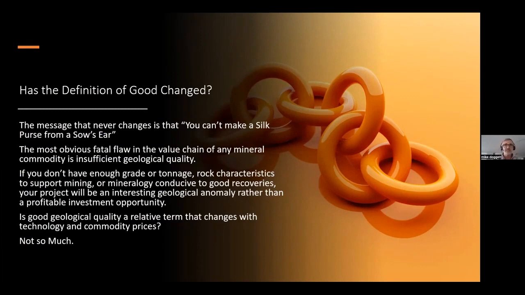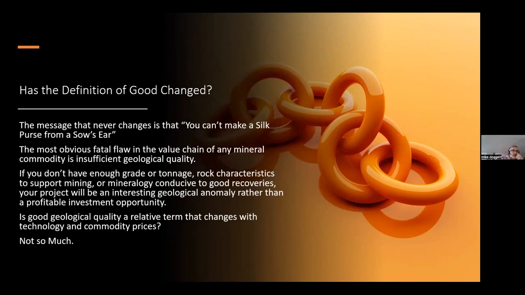So the most obvious break in the value chain, or the fatal flaw in almost all commodities, is insufficient geological quality. If you don't have enough grade or tonnage, you don't have rock characteristics that will support your mining, or you don't have mineralogy conducive to good metallurgical recoveries, your project might be interesting to geologists as a sort of scientific anomaly, but as an investment opportunity, it doesn't have any value.